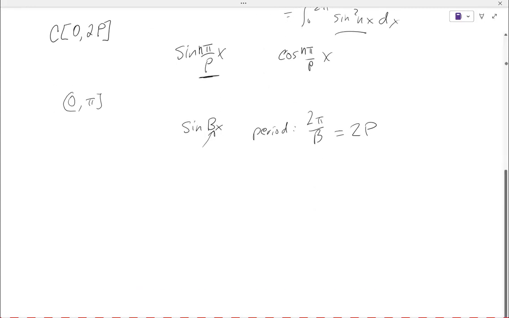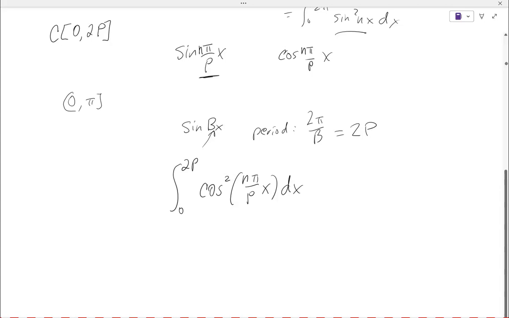So we would need to do the integral from 0 to 2p of, let's just do the cosine squared of n pi over p x dx. We'd need to know what that is, right? Now, we're not actually going to go through and compute it. We're just going to do a u substitution and make our lives a lot simpler.